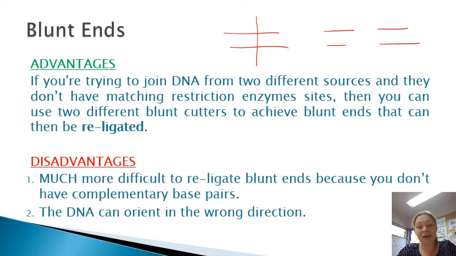And also what can happen with these is that you can end up having a piece of DNA that's going this way and a piece of DNA that's going this way. If they're cut at a blunt end, you might find that they end up orientating the wrong way. So the result you're trying to achieve with joining them could go wrong for you.